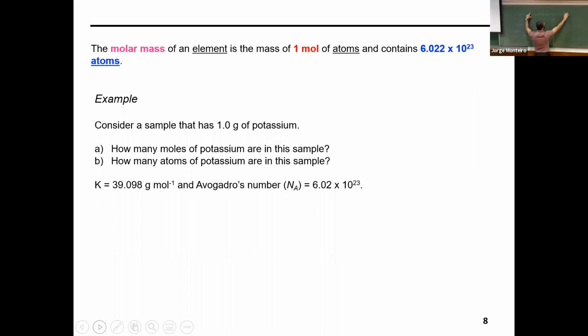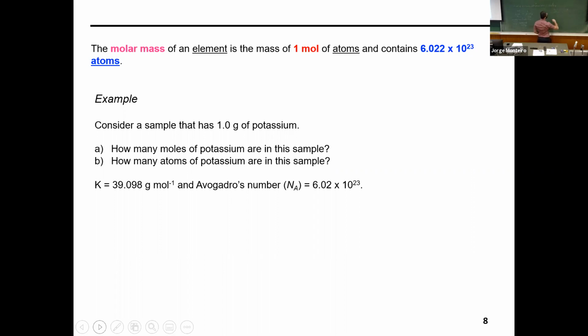Okay, so now let's use the second and third part of our conversion factor. First column, atoms. Second column, mass. From the conversion factor, 6.02 times 10 to the 23rd atoms.